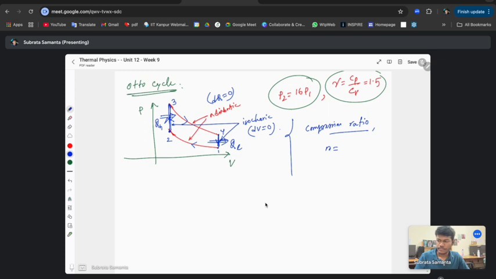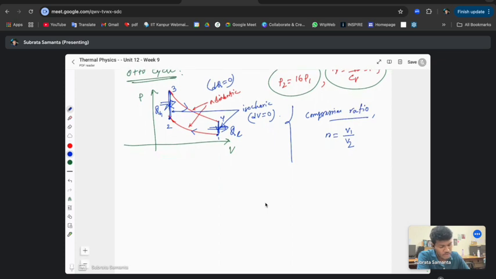Now P1V1 to P2V2 follows an adiabatic process.